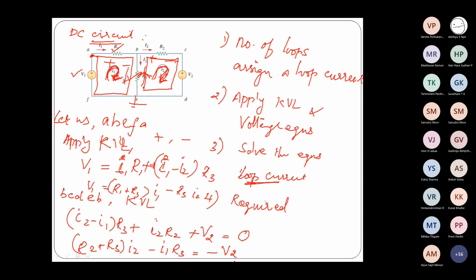Okay, now I can write this as a simple matrix. It is a 2 by 2 matrix; the size of the matrix depends on the number of loops. So what are all the components?